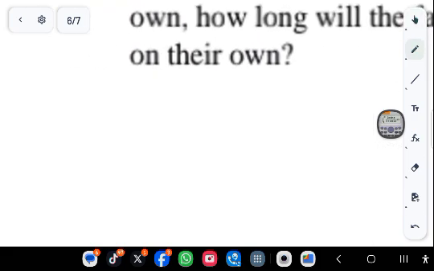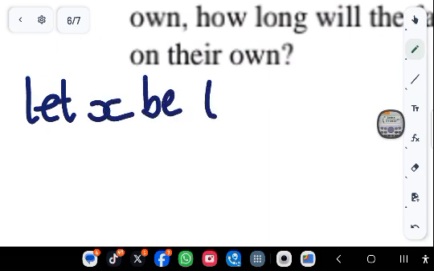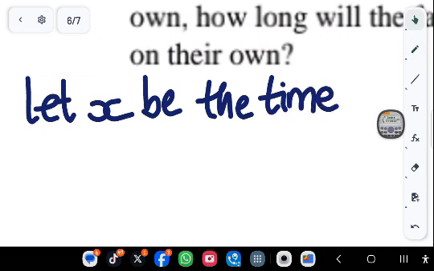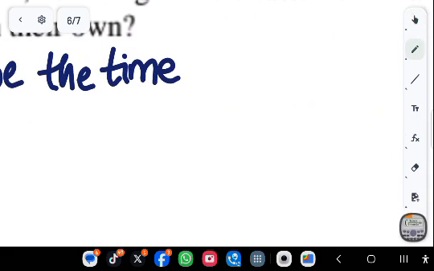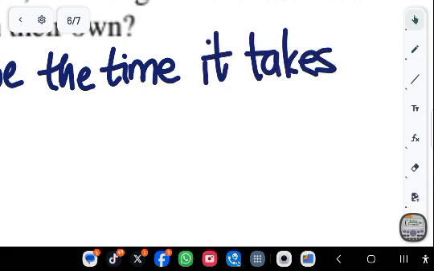So here is what we have. Let x be the time it takes the longest team to finish.